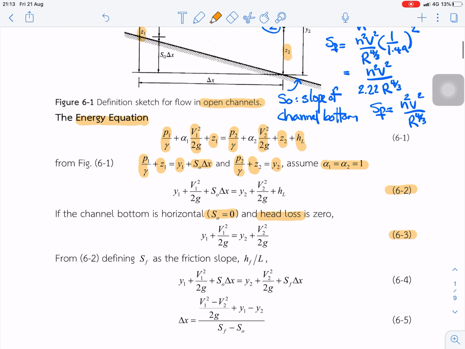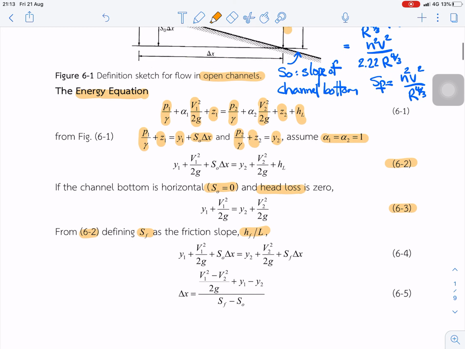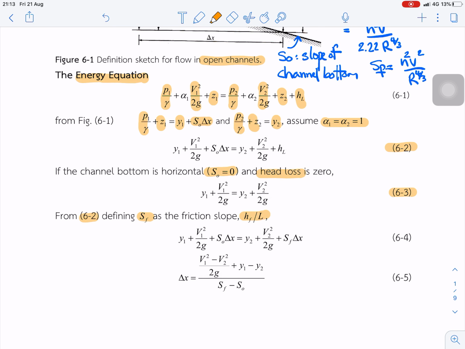And from equation 6.2, if we define the energy slope as the friction slope, SF equal to hf divided by delta x, we substitute in this equation and rearrange to get delta x.